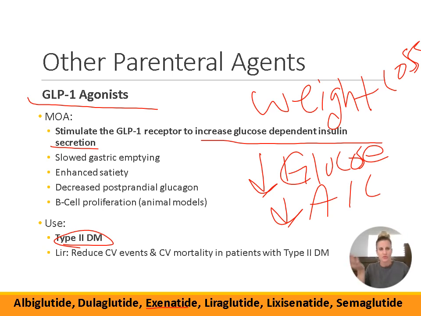So when we look at the risk to benefit ratio, there was a big risk without very much benefit. So as of now, they are recommended for type 2 diabetics. We do also see that these reduce cardiovascular events and cardiovascular mortality in type 2 diabetic patients.